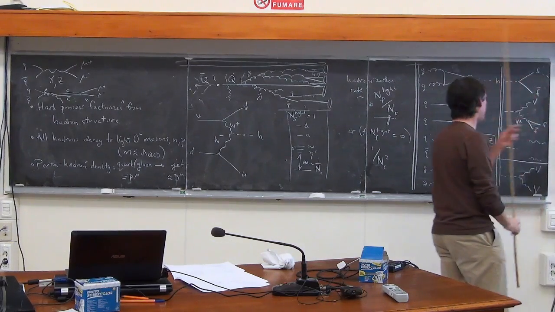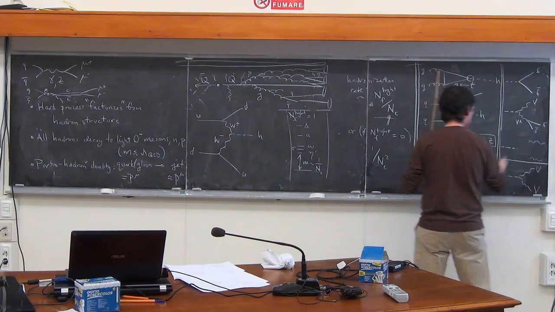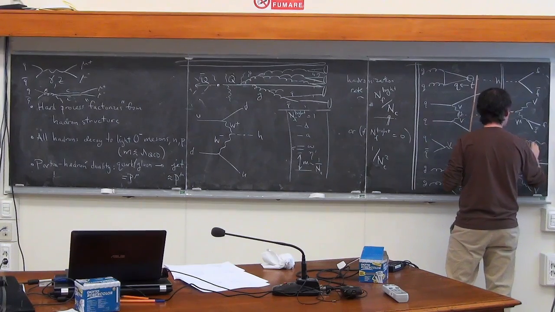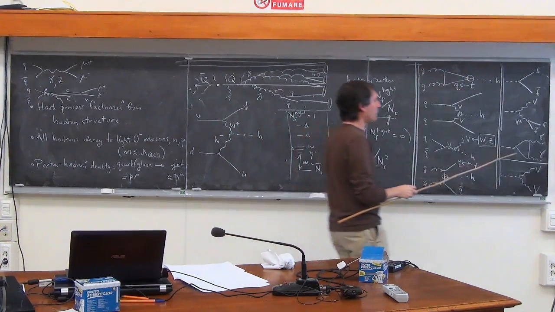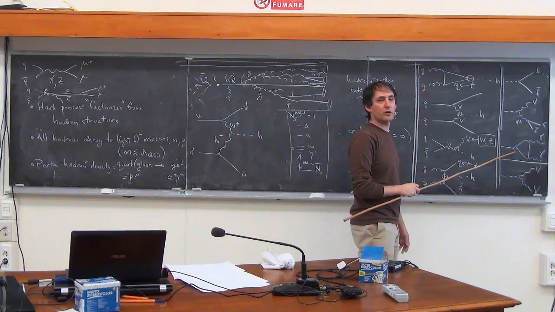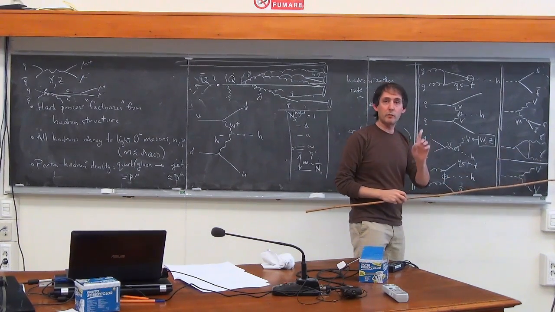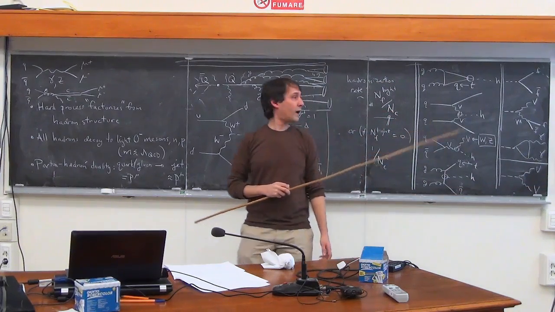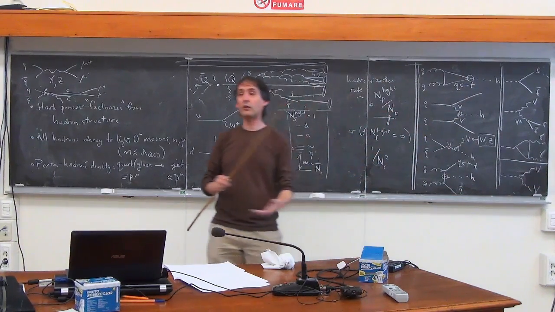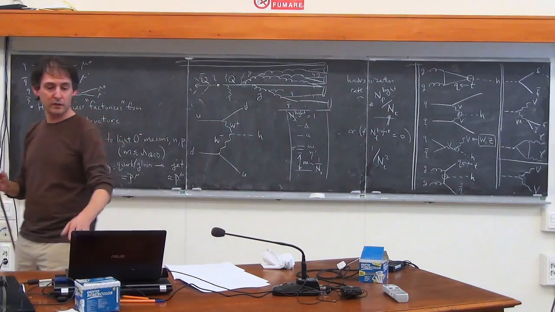Now we get down here and we find another very important process, which is the one where I produce two photons. And what appears in this loop is anything that couples to the Higgs, it carries an electric charge. So quarks, leptons, and W bosons. And it turns out the W boson is very important. So the top quark contributes for the same reason as the calculation I showed you a slide ago.